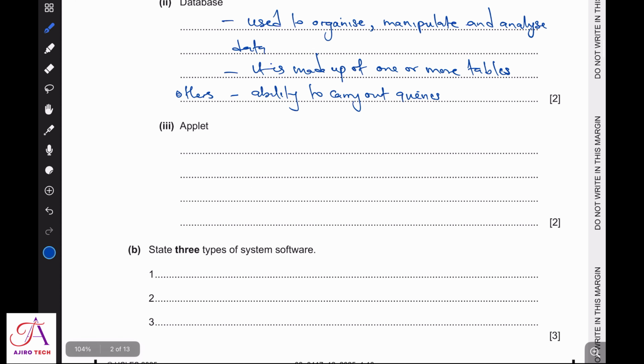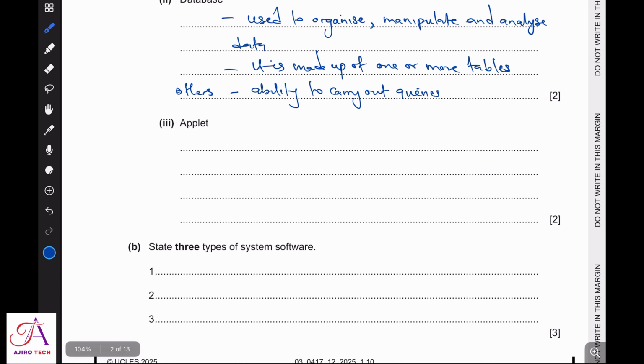Now we have apps and applets. So we have two marks here. So let's talk about this. Again, we can see it's a small application that performs a single task.